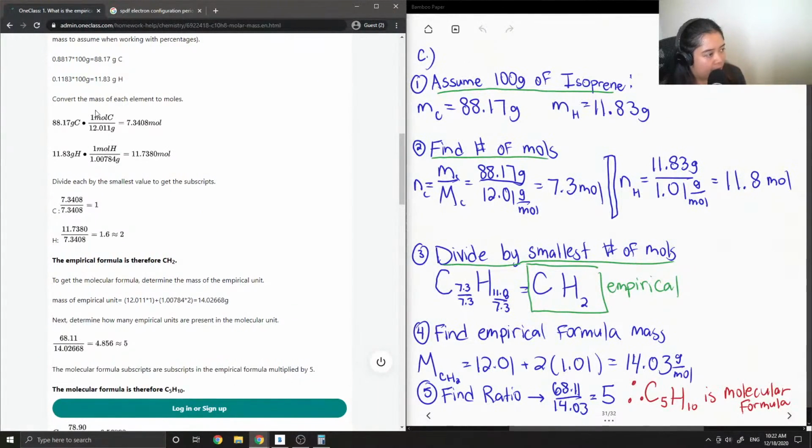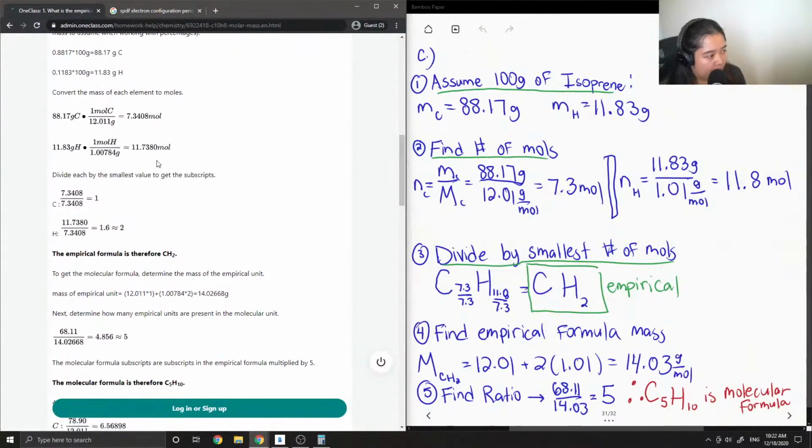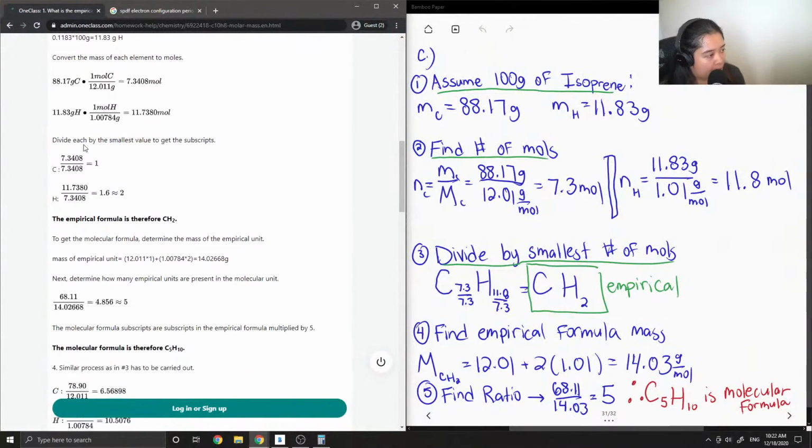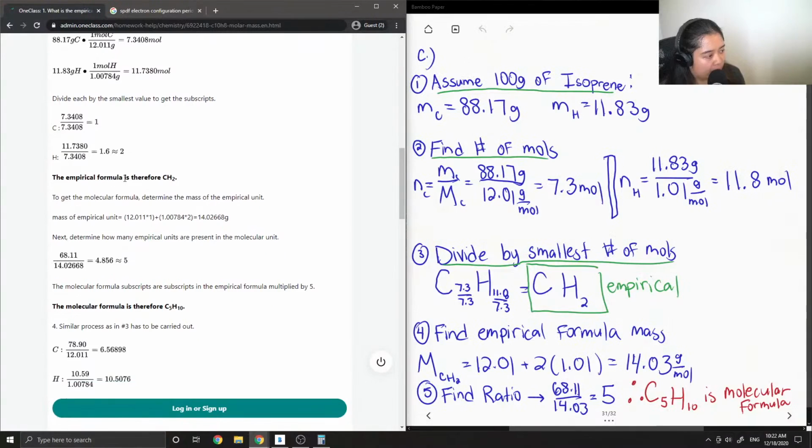Convert the mass of each to moles, so 7.3 and 11.73. Divide each by the smallest value to get the subscripts. So here they showed that when you divide, you get 1.6, but then they round to the nearest whole number, which is 2. And then they found the empirical formula, which is CH2.